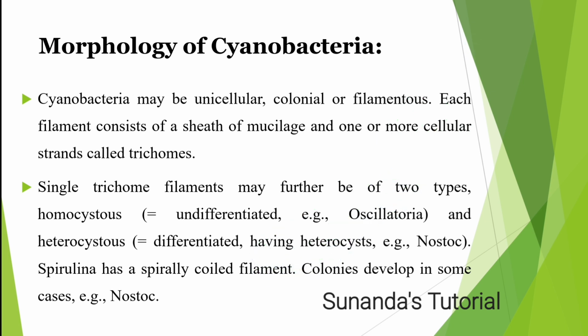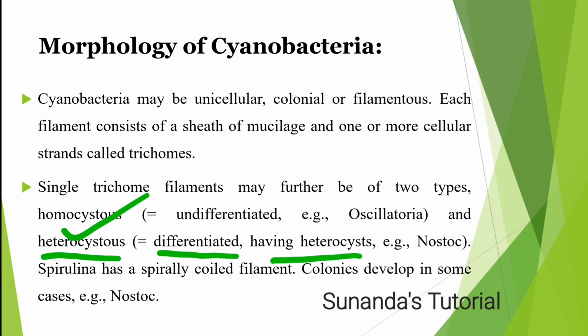Single trichome filaments may further be of two types. One is homocystous, that means undifferentiated. All cells of the trichome look alike. But there are some species whose trichomes are heterocystous, that means differentiated, having heterocysts.